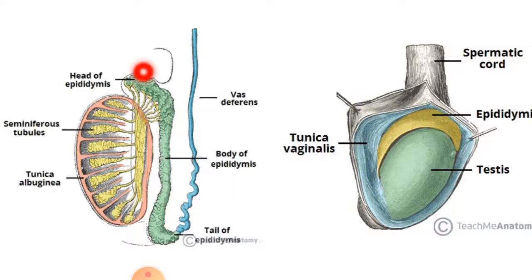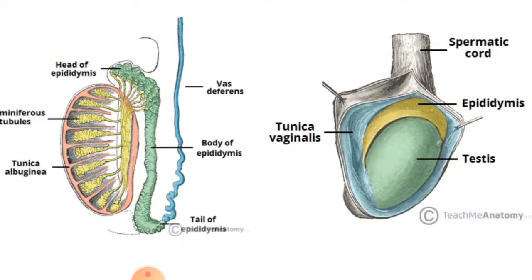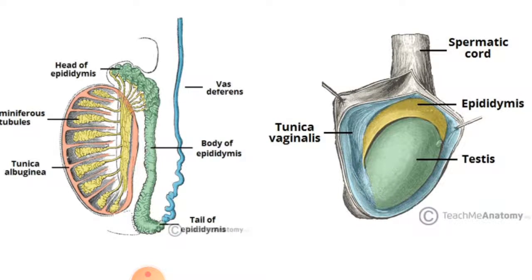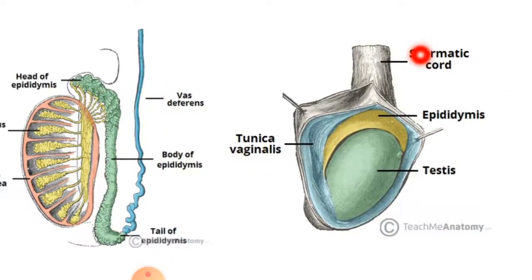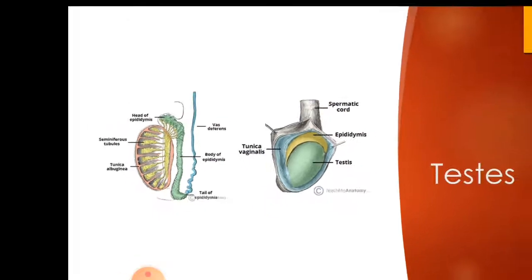This epididymis is divided into the head, the body, and the tail of the epididymis. And when it leaves the scrotum, then we call it the vas deferens or deferent duct. The blood and the lymph vessels pass to the testes in the spermatic cord.